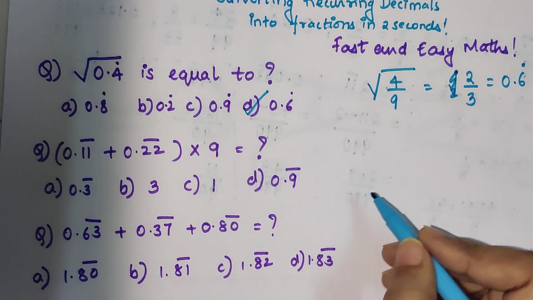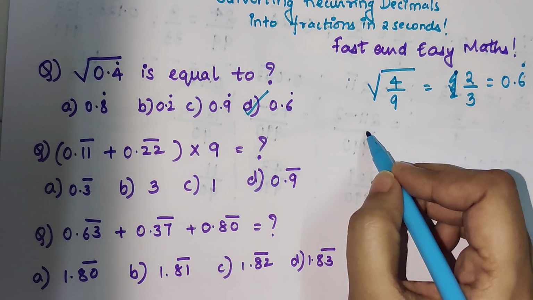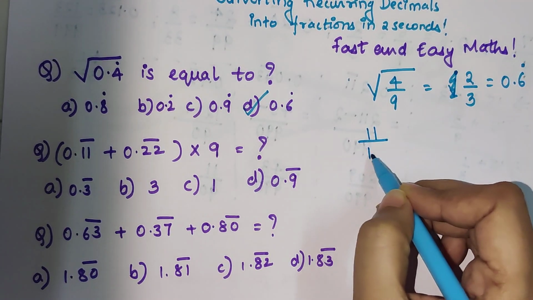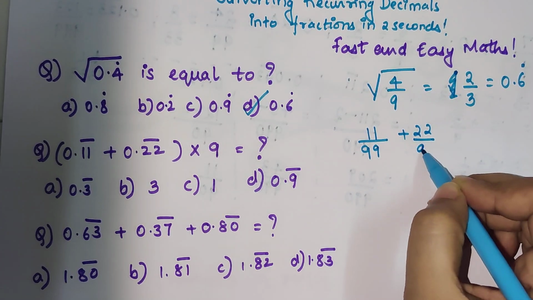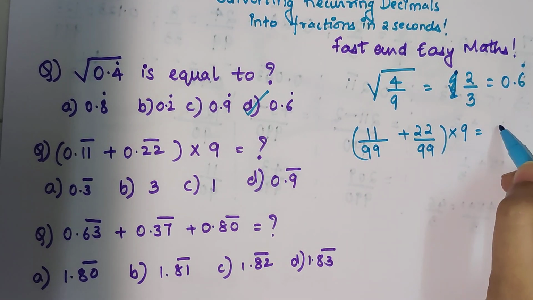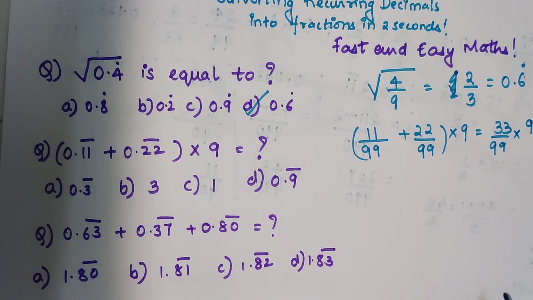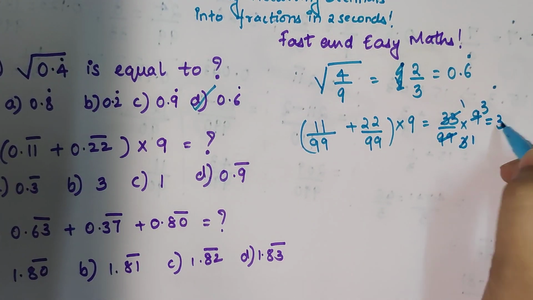Now for this one, 0.11 bar, I can write this as nothing but 1 upon 99 plus 2 upon 99 into 9, which comes out to be 33 upon 99 into 9. Cancelling, my final answer for this one is 3.